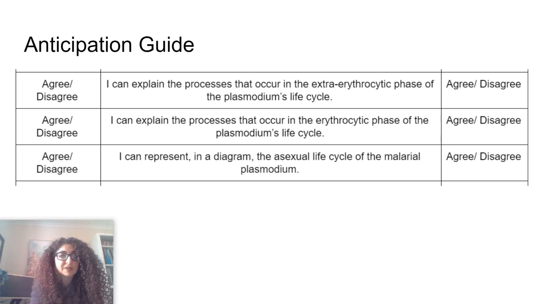And I can represent in a diagram the asexual life cycle of the malarial Plasmodium. So decide whether or not you agree or disagree. Now, if you disagree with these, that's fine, because we will go over these today in the lesson. If there are any that you do agree with, take a look at what your understanding is versus what we're going to also cover in this lesson, and see if your understanding actually matches up with that one.